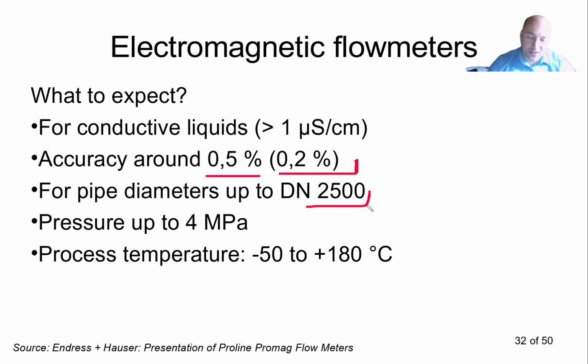The pipe diameters go up to 2.5 meters roughly, and pressure is going up to about 4 megapascals. The temperature range is from approximately -50 to about 180. So it's roughly the same as for the ultrasound. Definitely a lot smaller temperature range compared to the Orifice plate.